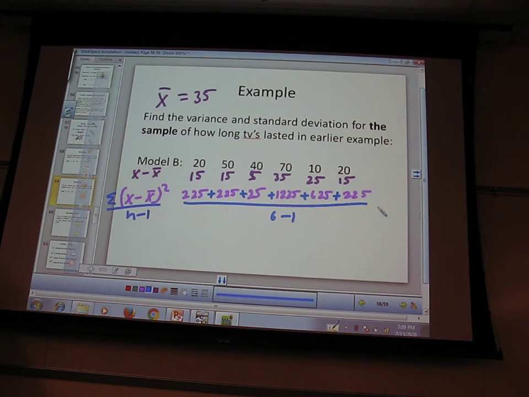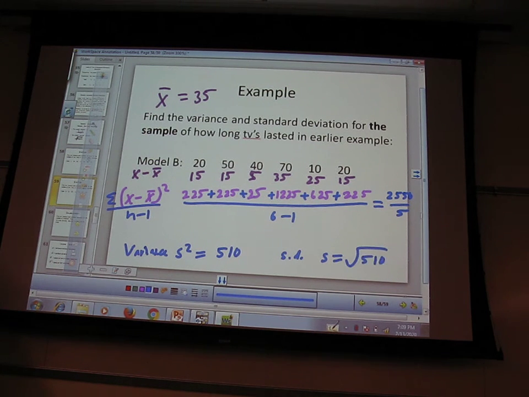So then we're going to get 2550 divided by 5. So my s squared, my variance, is 510. And my standard deviation, s, is square root of 510.